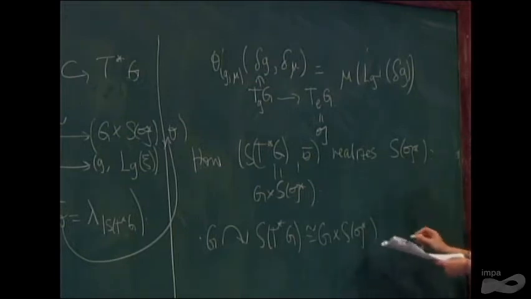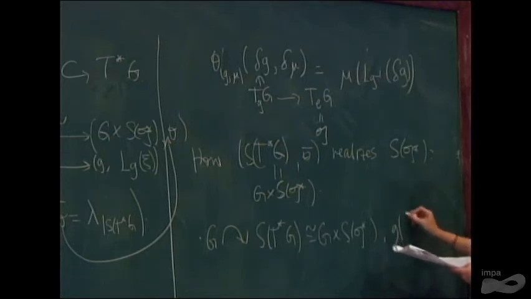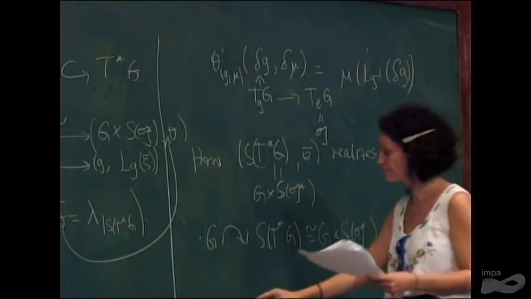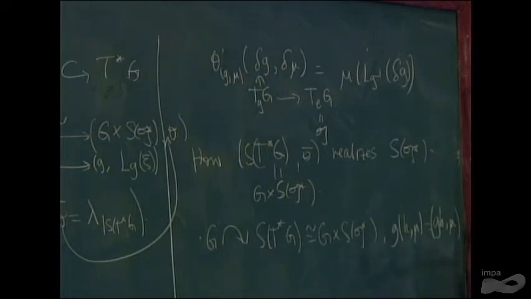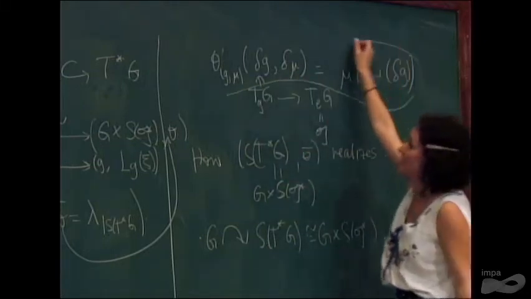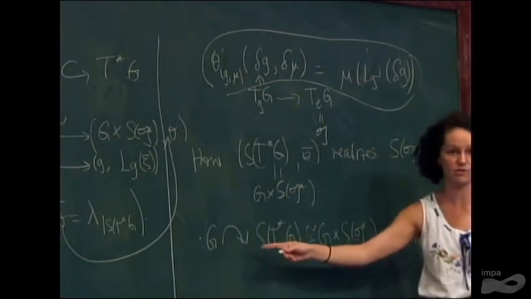You take G and act on H times mu, and this is just G times H, comma mu. And the cool thing is that now that you already have the formula of theta, you can check that this form is invariant under this action.